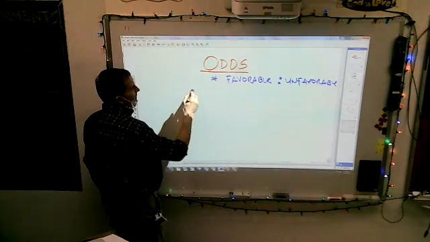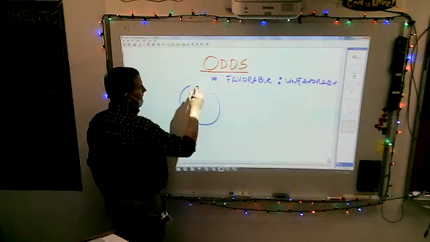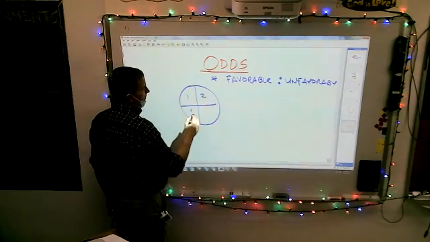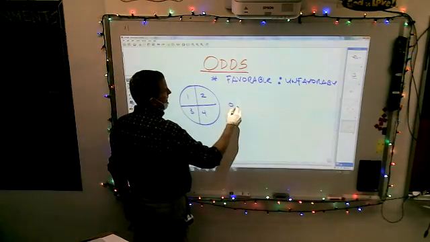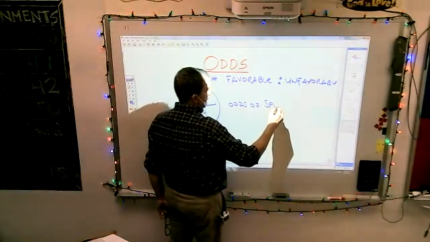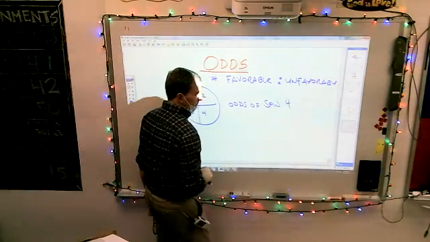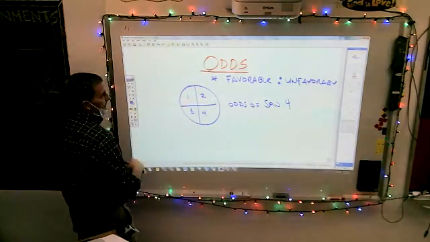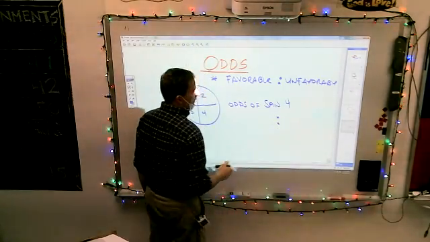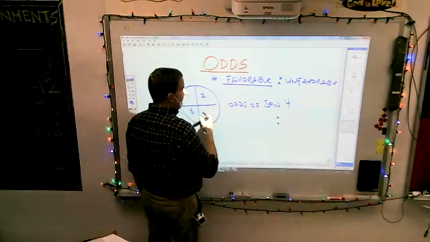But let's look at the proverbial spinner again. Let's say I've got 1, 2, 3, and 4. If I asked you the odds of spinning a 4, that would look like this. And we always use this little colon because it stands for the word "to." Favorable would be how many 4s there are.